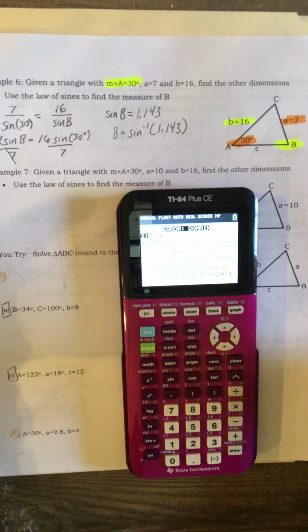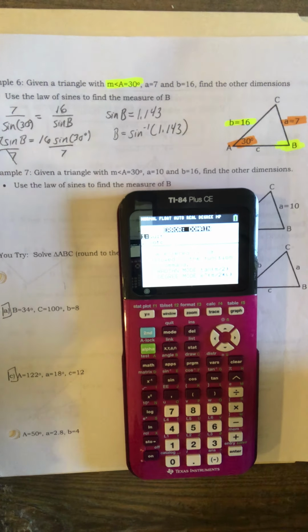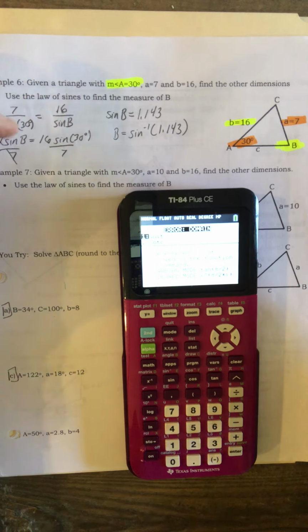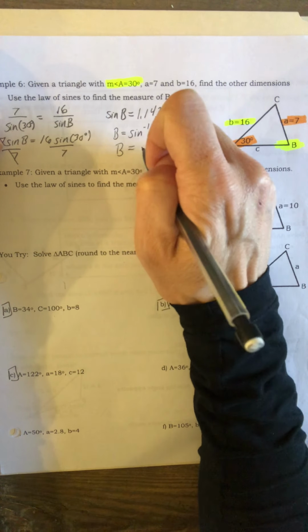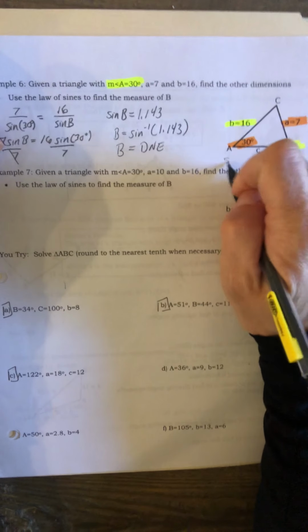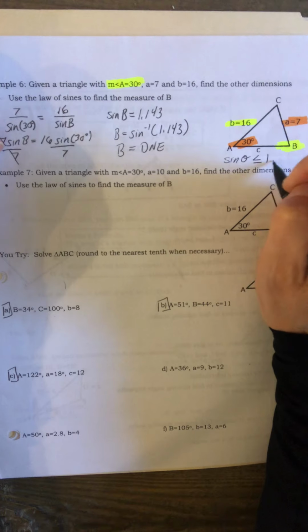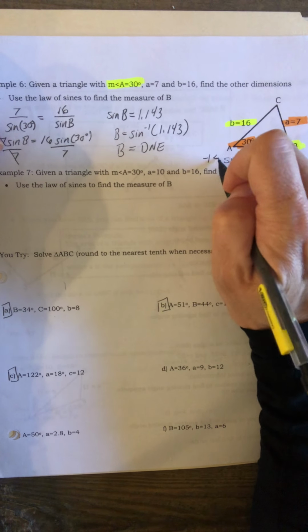I'm hoping maybe some of you can recall something we learned about sine. Sine has a restriction. It has a max value and it has a min value. So in this case, this value for B does not exist, because the sine of an angle has to be less than or equal to 1 and greater than or equal to negative 1.